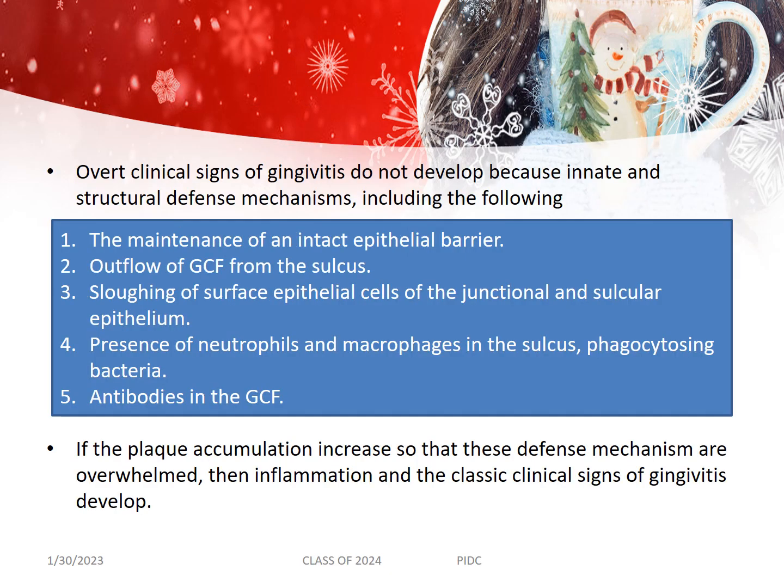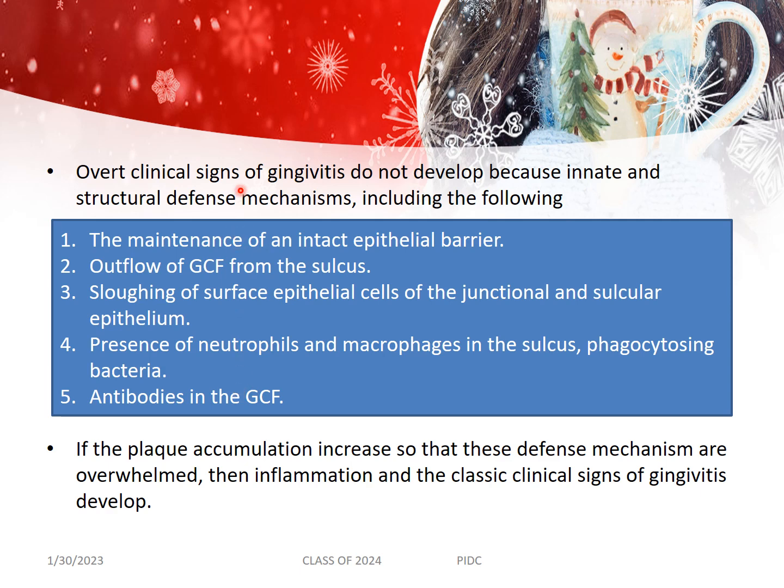Overt clinical signs of gingivitis do not develop because of innate and structural defense mechanisms, including the following. Though most of us do have some amount of dental plaque or calculus, we don't really develop any clinical signs of gingivitis. This is because of these following factors.